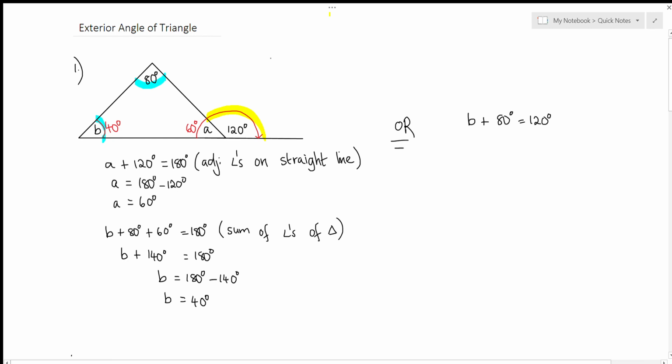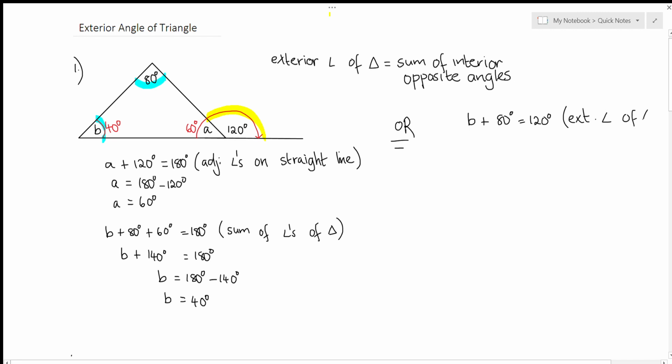And so my reason here is exterior angle of triangle. The exterior angle of a triangle is equal to the sum of the interior opposite angles. But when I write it down as my reason, I just say exterior angle of triangle.